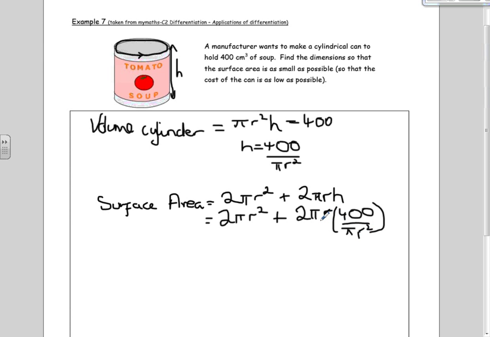This r would cancel with one of these r's, and this pi would cancel with that pi. So we would be left with 2 pi r squared plus 800 over r.